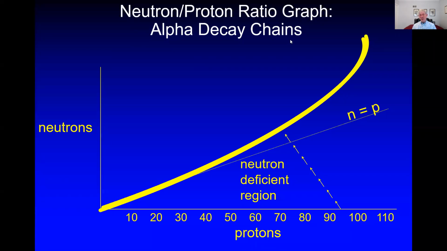These are called alpha decay chains. There are many, many of them that are well documented. They have been well known since probably 75 to 100 years ago. And here's what's happening.